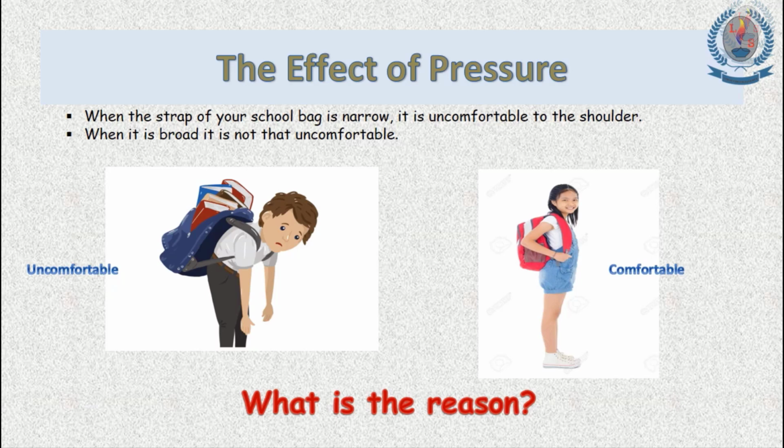But the pressure against the shoulders differs with the contact area. It means the broader or narrower width of the strap. At the same time, you need to observe this also. When two bags have straps of the same breadth and different weights, the more weight gives more pressure.